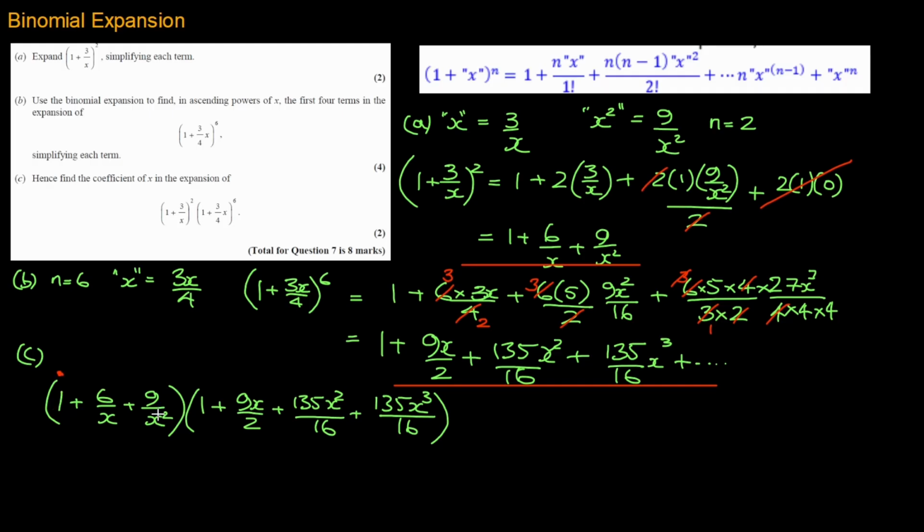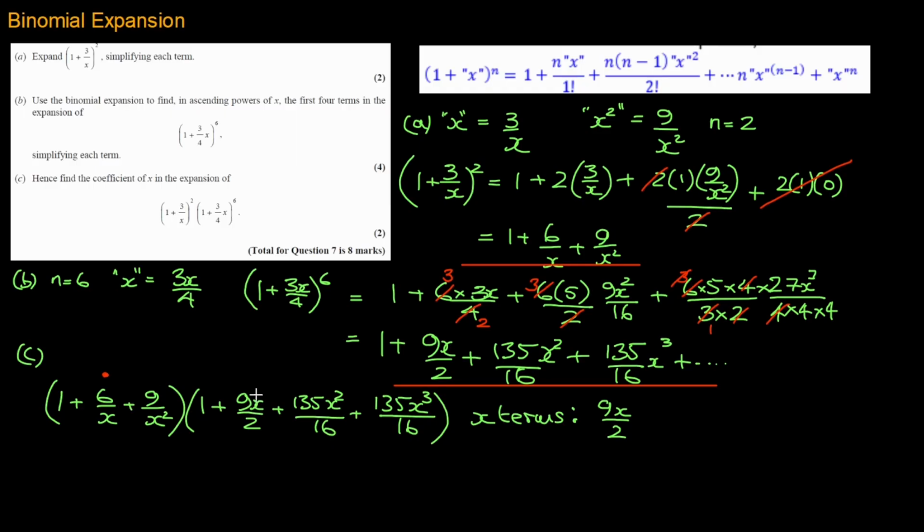I'm going to multiply 1 by all of these terms. 1 times 1, no, that's not an x term. 1 times 9x over 2, yes, that is an x term. So I'm going to say x terms. So 1 times 9x over 2 is 9x over 2. Going on, 1 times that, no, that's x squared, no, that's x cubed. Right, moving on. So multiplying it by 1, no, the x's cancel.